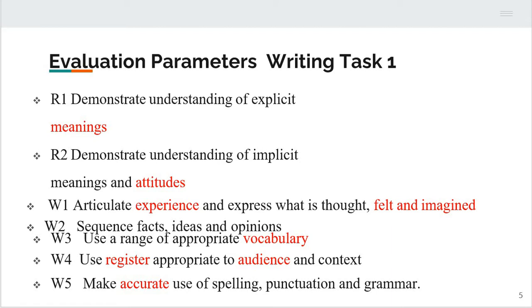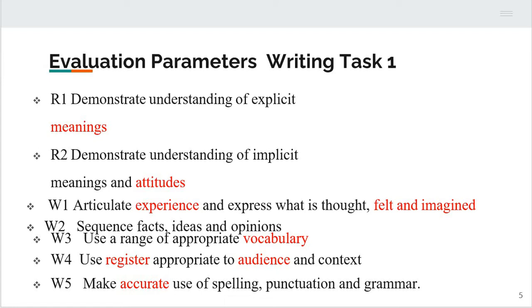Implicit means hidden meaning and attitude of the text. The writer should mention experience, thought, feeling, and imagination. And there should be a sequence, which can be a chronological sequence or thematic sequence of facts, ideas, and opinions.